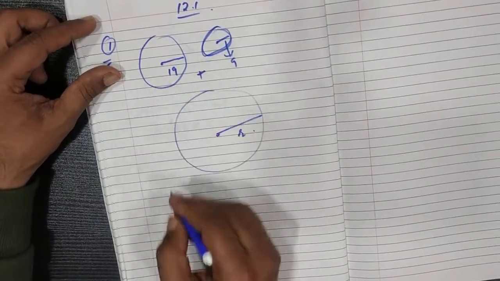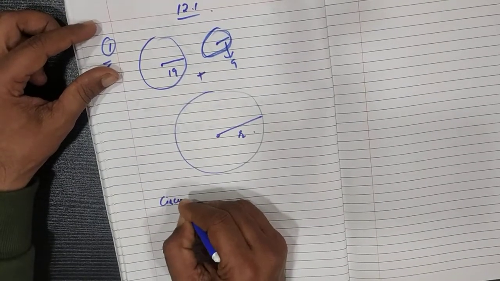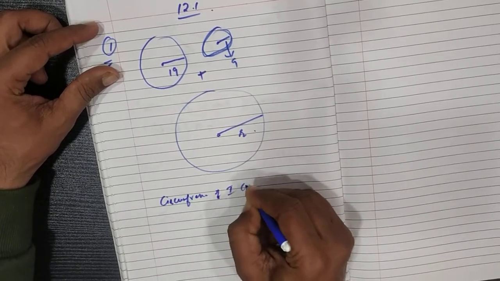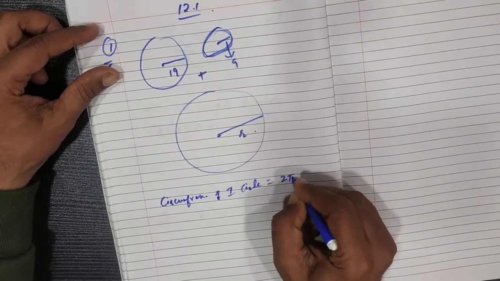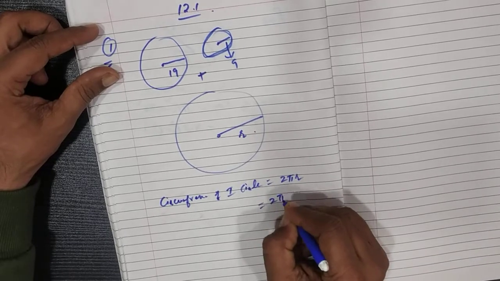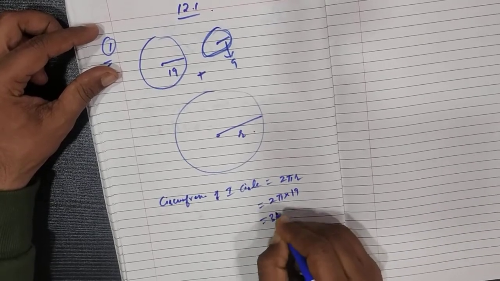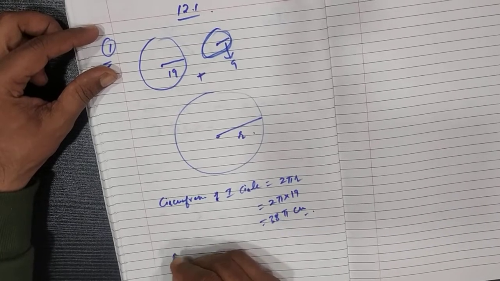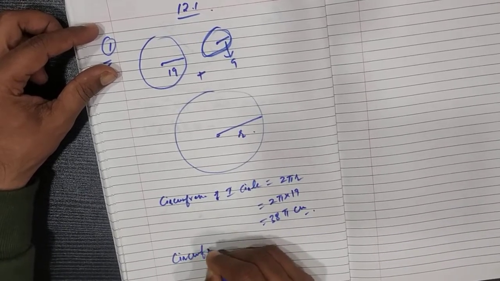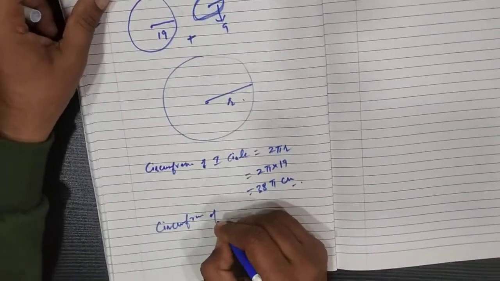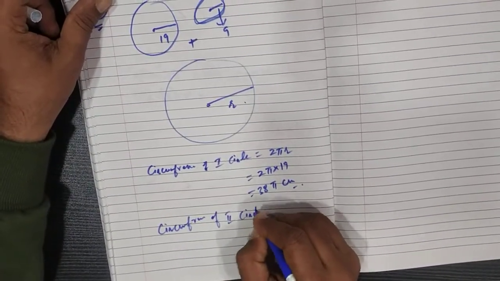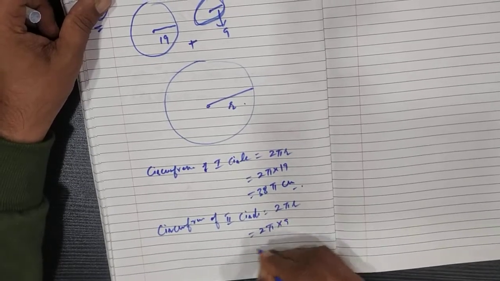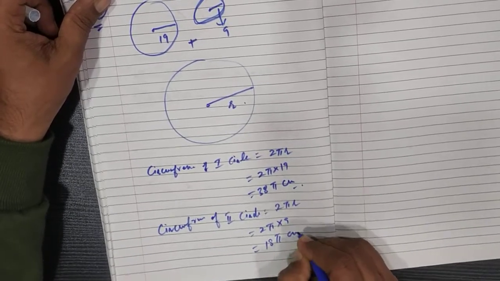That means the circumference of the first circle is 2 pi r. 2 pi r, you will use 19, that is 38 pi centimeter. Similarly, the circumference of the second circle, again the same formula, 2 pi r, 2 pi into 9, that is 18 pi centimeter.